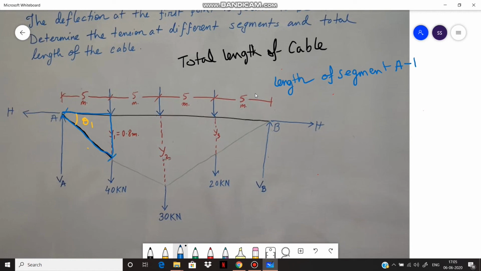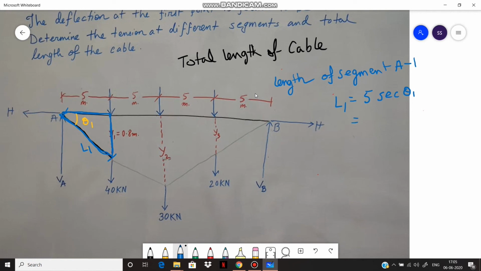From here to here, this is A1 segment. So if we take the length of a segment as L1, so this is L1, and L1 equals to 5 into sec θ1, using the trigonometrical concept of this triangle.